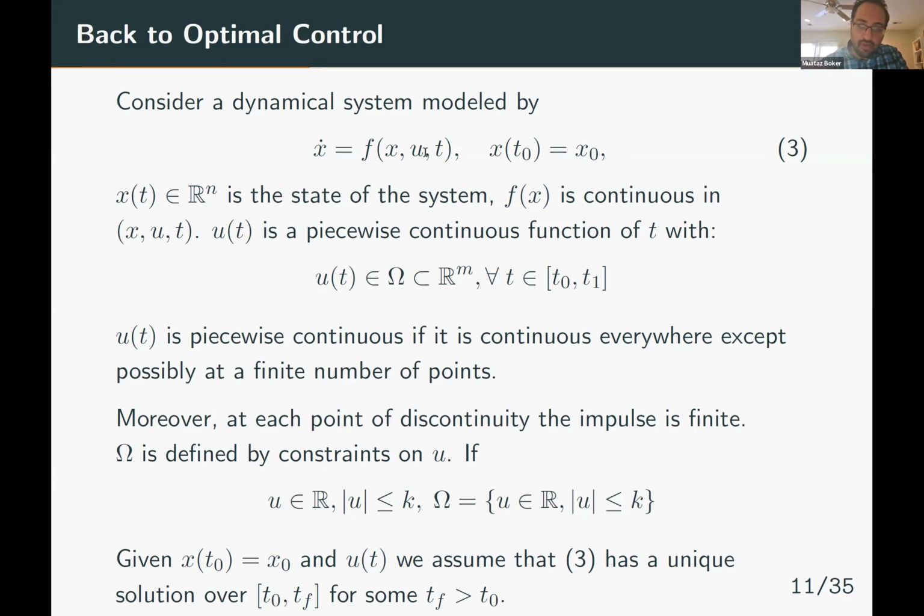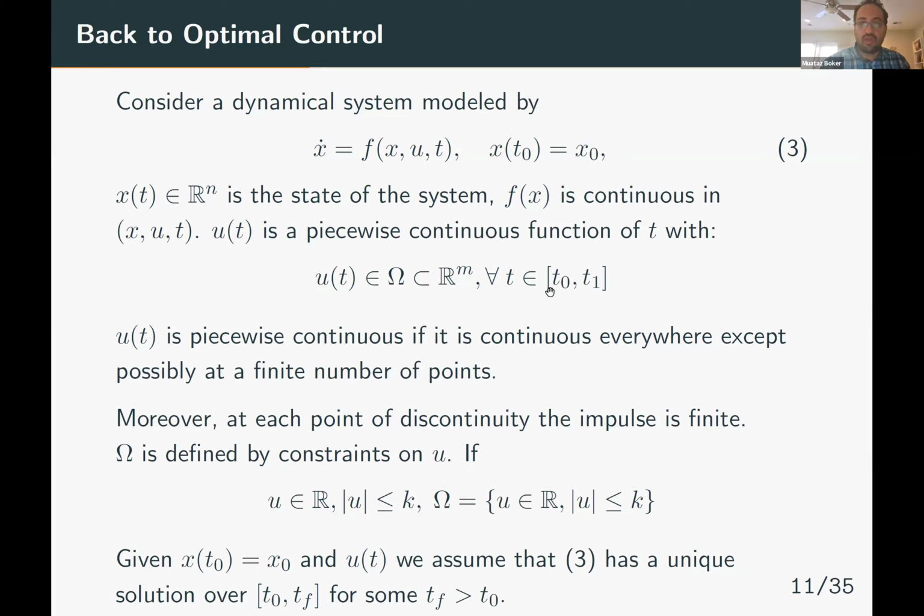U is the input or the decision that needs to be made to control the system. And U can be constrained within a set, omega. This set is a subset of the domain of real numbers. M here, small m, is the dimension of this vector u. So we're dealing with vector valued signals and functions.